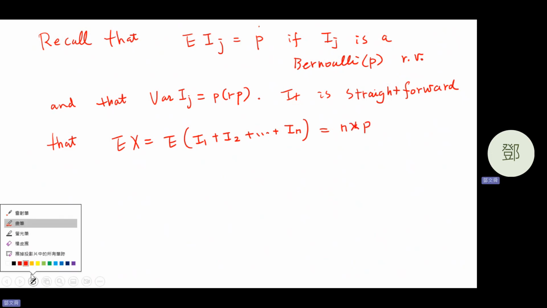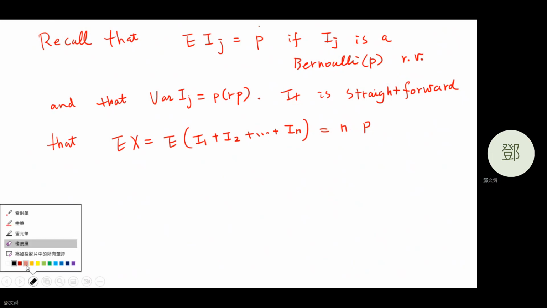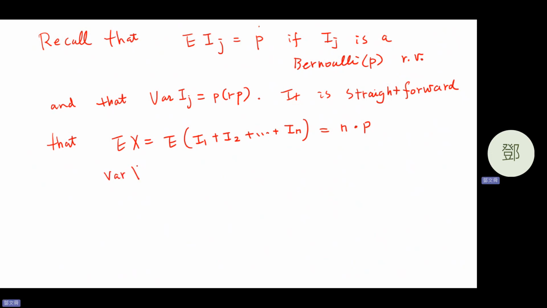The expectation is n times p, and the variance of X, the variance of I1 plus I2 plus up to IN, is n times p times 1 minus p. All right?